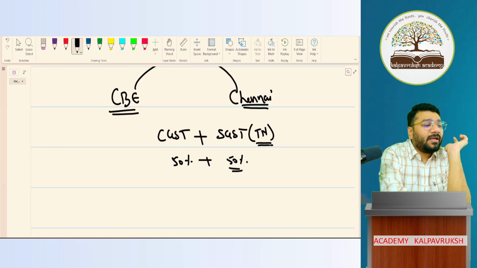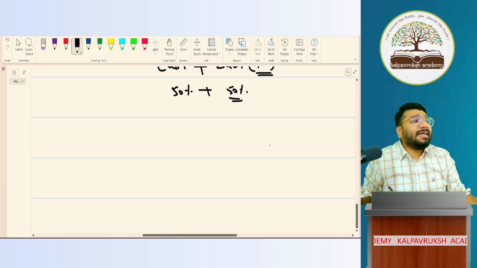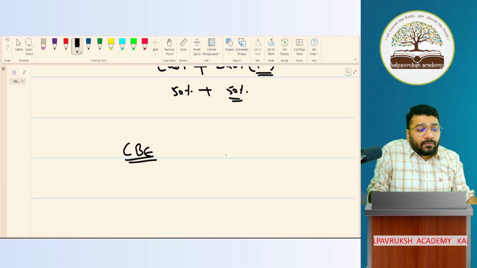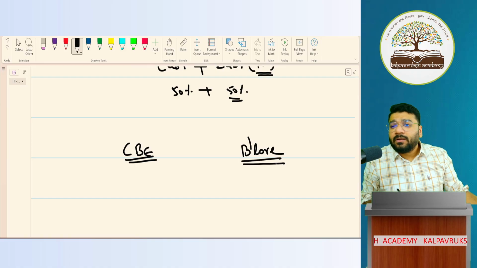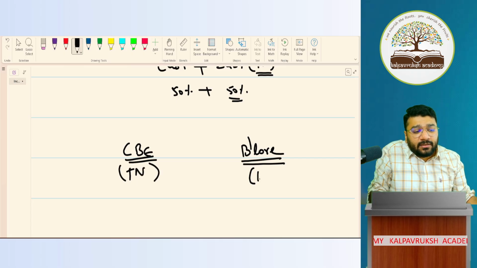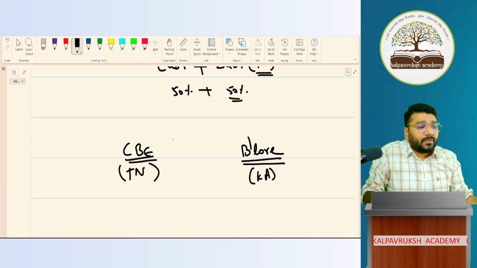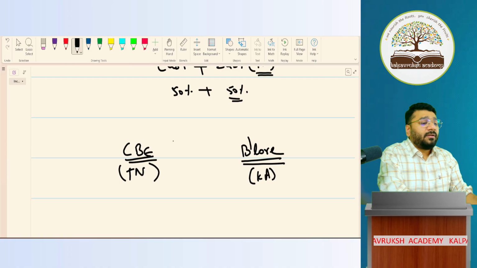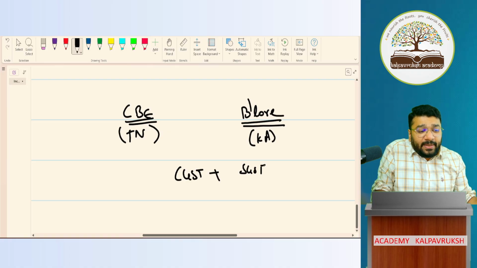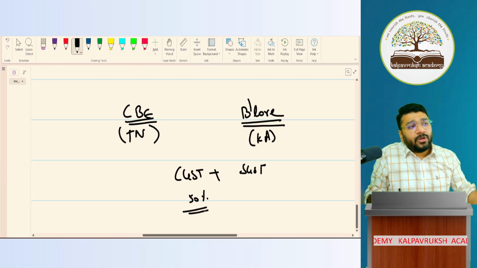Super. The problem comes in interstate supply. I supplied the product from CBE to Bangalore. CBE is in Tamil Nadu. Bangalore is in Karnataka. Now the question is, if you charge CGST plus SGST, 50% will go to the central government, no problem.